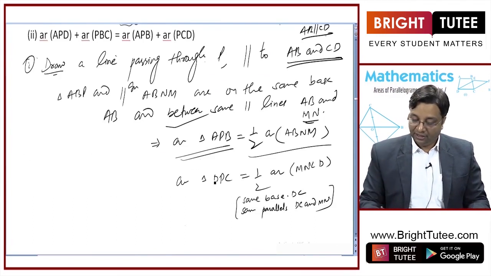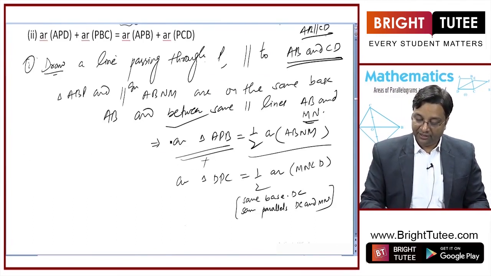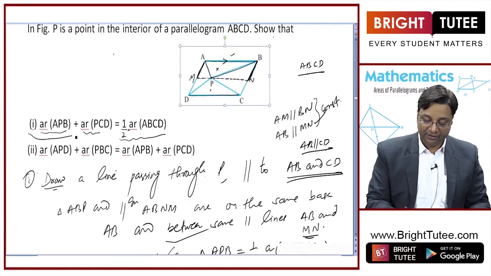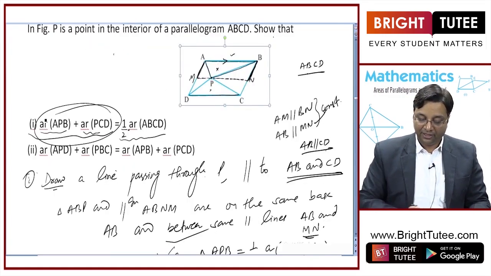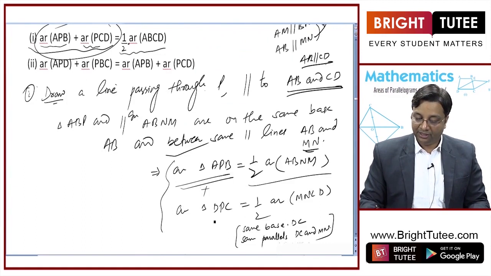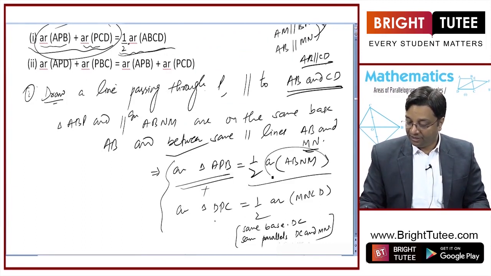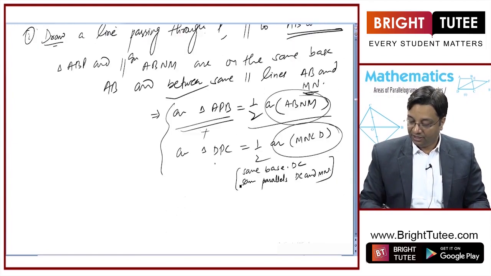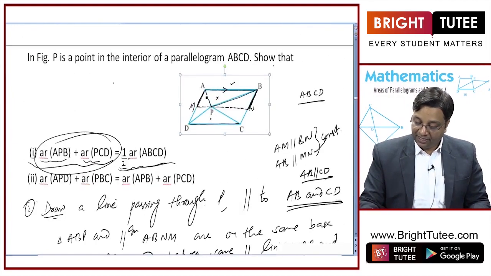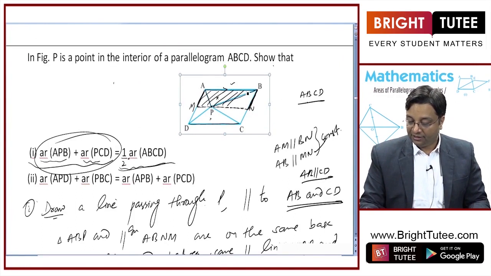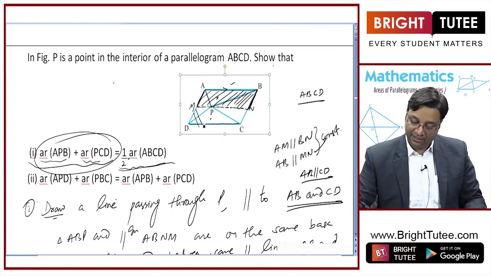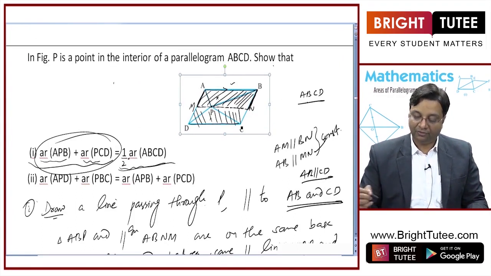This is the reason. Now, if I add the left hand sides, what will I get? I will get the left hand side of the desired expression, area of APB plus area of DPC, and what is the right hand side? Half area of ABNM plus half area of MNCD. If I add these two areas, this area and this area, what will be the result?